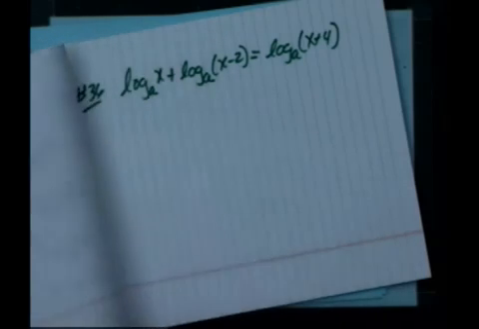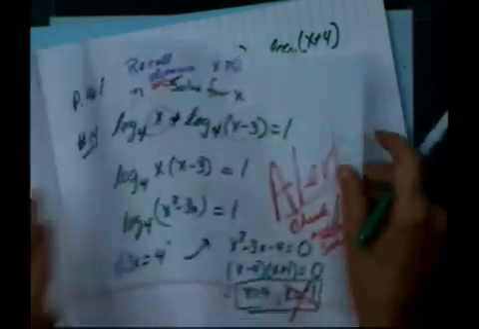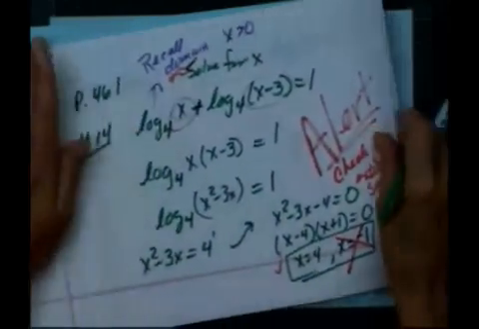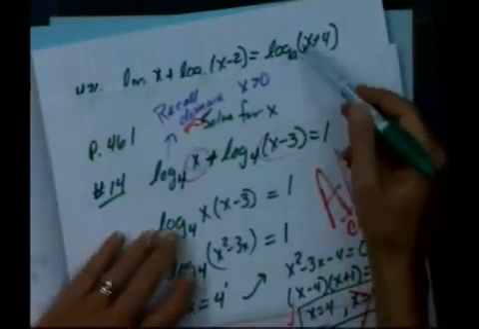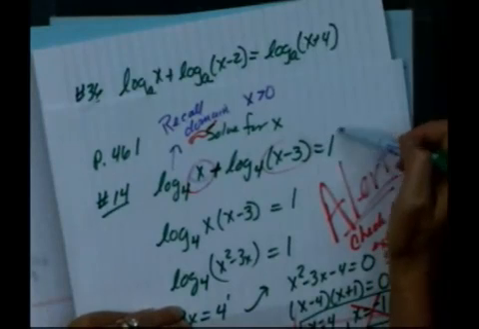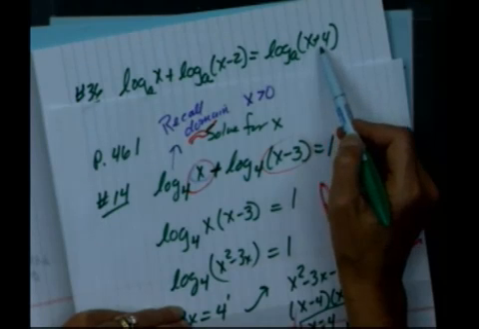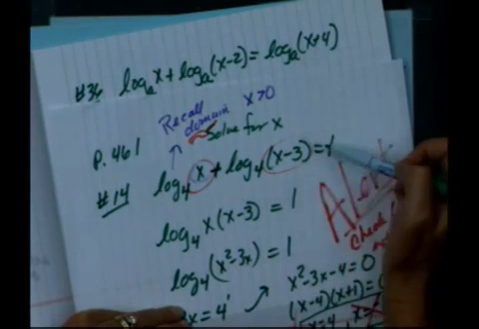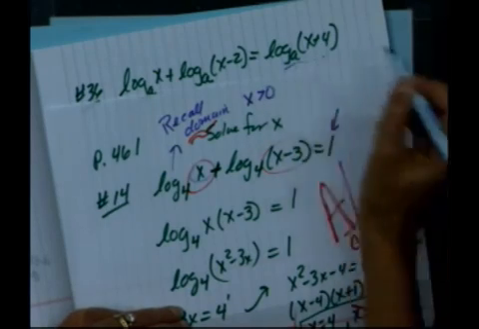Make a comparison. What do you notice right away, the difference between 36 and our previous one? On the right-hand side of the equal sign, before there was just a number. Now we have a log to the base A of x plus 4. All right, so I wanted to point that out because some people don't seem to notice that.